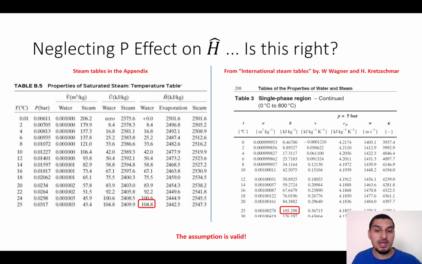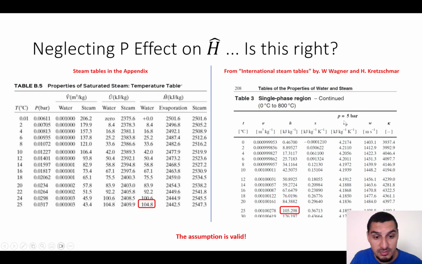It's 0.5 out of 105. So it's a very negligible difference. And this agrees with what we said before, that the pressure effect is very minimal on the enthalpy. So if you remember, this is the enthalpy of saturated water at 25 degrees Celsius. The difference in pressure is between 0.0317 and 5 bar.